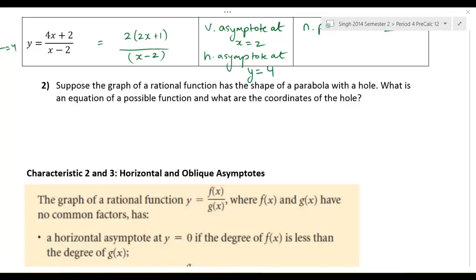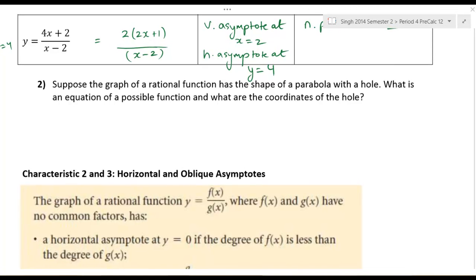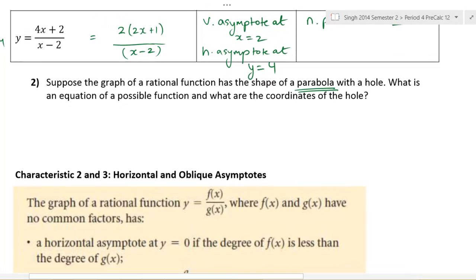Okay, so because we want to end up with the parabola, we know that our resulting function is going to have to be a quadratic equation, and the hole represents that we're going to have a common factor. So one possible solution is we start off with the fraction. It's going to be easier to identify a hole first, so we can say we have a hole at x plus 1 and x plus 1. That could be our common factor. And then once those common factors cross off, we want to end up with a parabola left over.